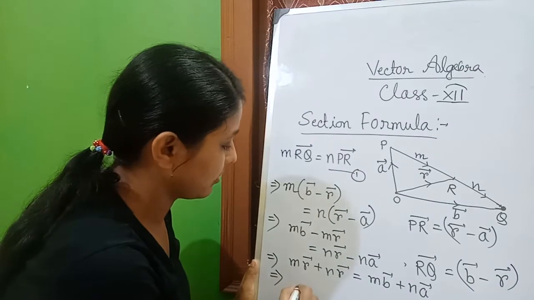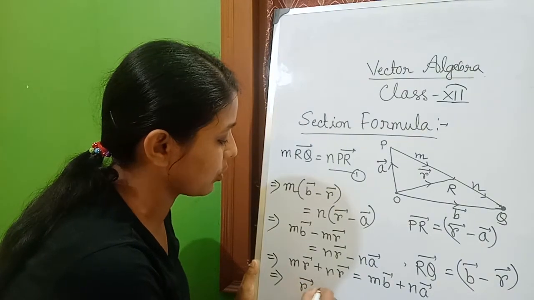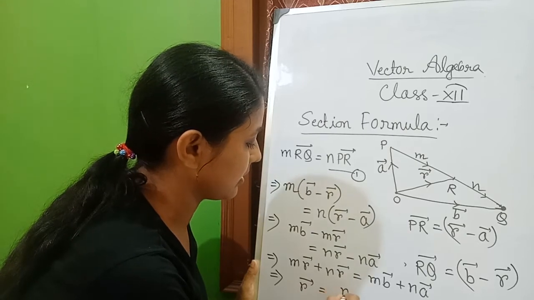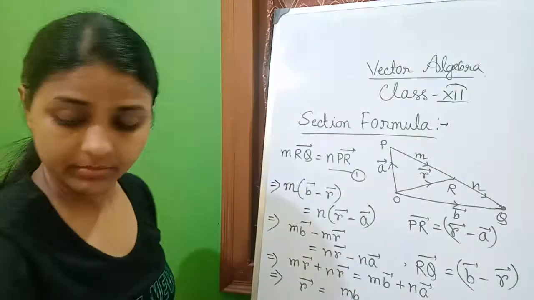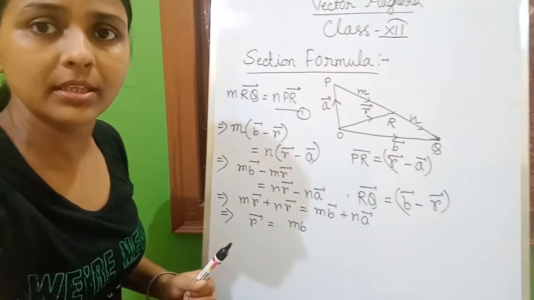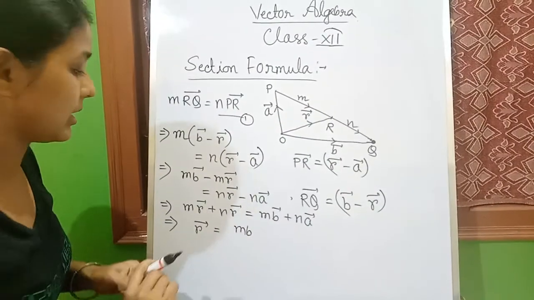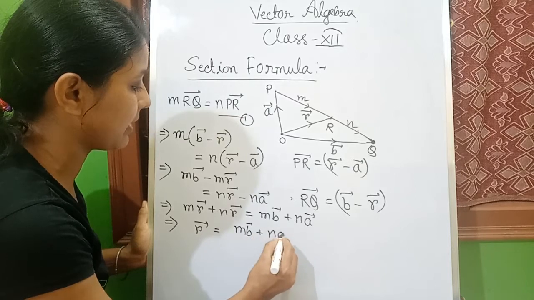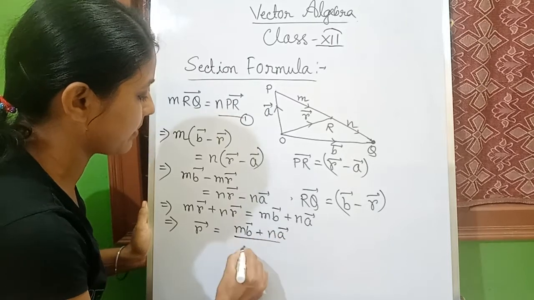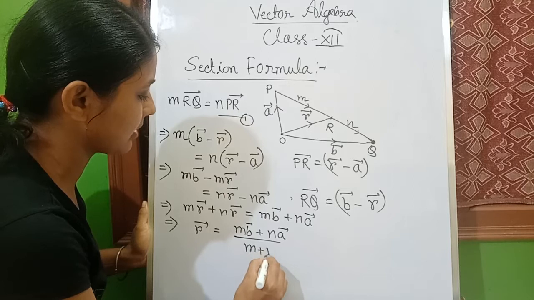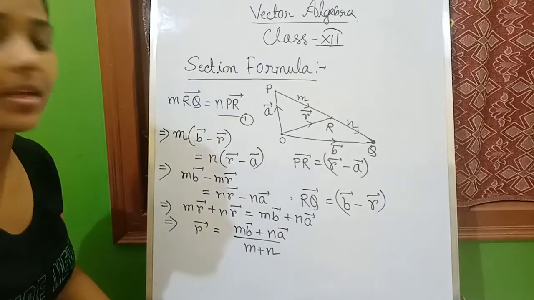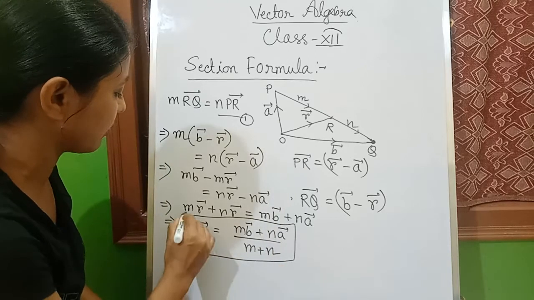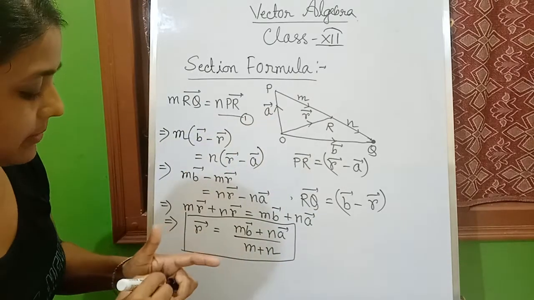From this we can take R vector common, and now you can see it: R vector equals M B vector plus N A vector, divided by M plus N.